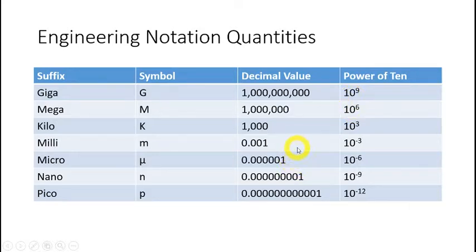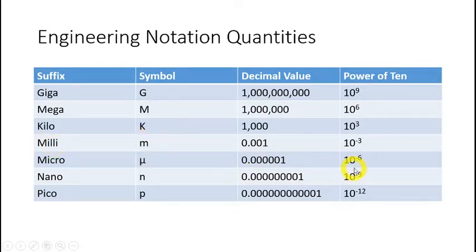When I'm going in the opposite direction, numbers smaller than 1, I'm going 10 to the negative third, 10 to the negative sixth, 10 to the negative 9, and in the case of pico, 10 to the negative 12. Okay. So numbers that are between 1 and 1,000th, that's what milli actually represents, we're going to use the symbol milli here.